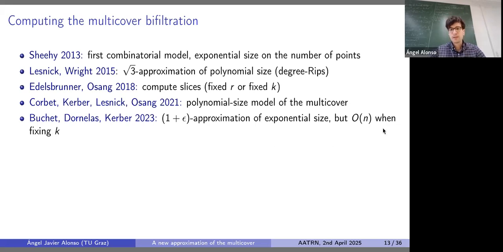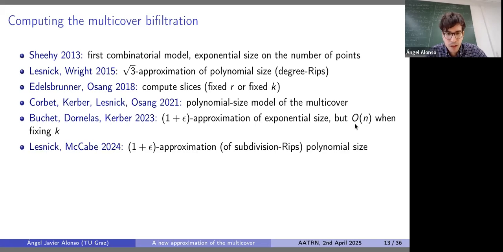Well, it depends, but at least it's linear when fixing some k. And then most recently, Lesnick and McCabe have proposed a 1 plus epsilon approximation not of the multicover but of the subdivision bifiltration, which is closely related, and this works for general metric spaces. I will be speaking about this later too, of polynomial size.